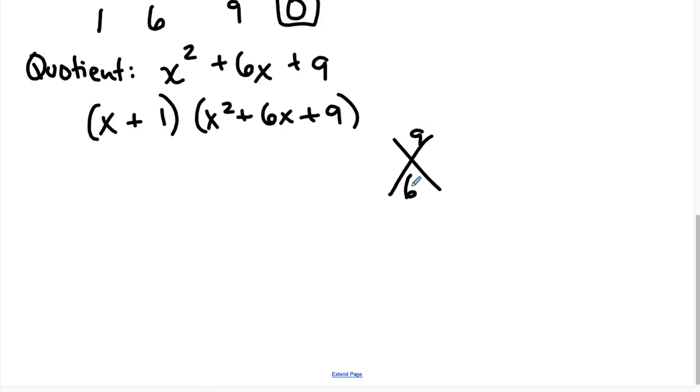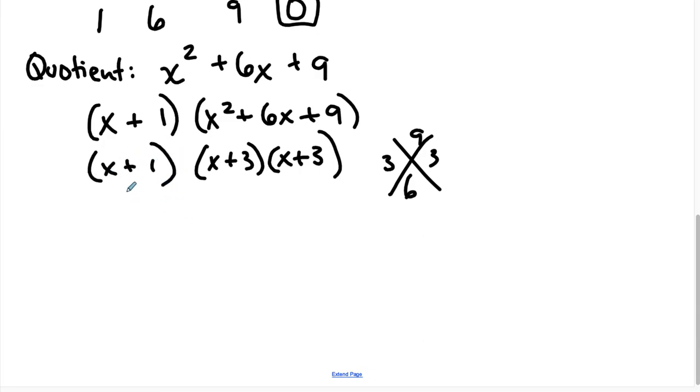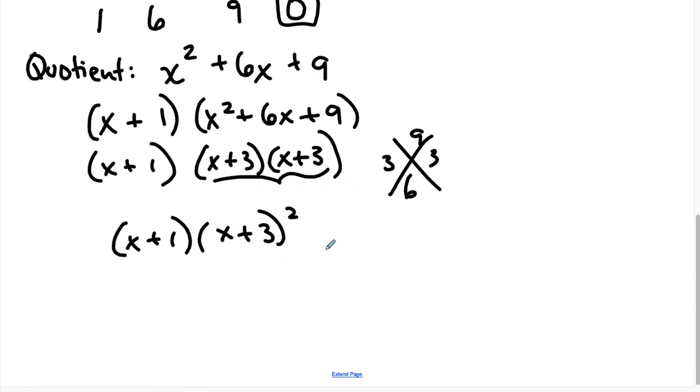Those are 3 and 3. So this is equivalent to x plus 3 times x plus 3, which is x plus 3 squared. So the fully factored form is x plus 1 times x plus 3 all squared, because you can combine these two since they're the same.